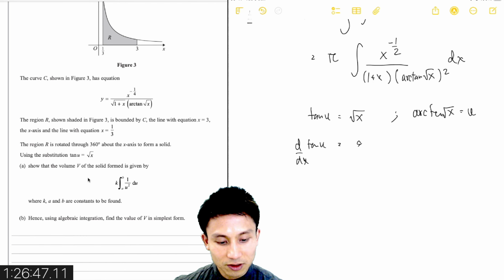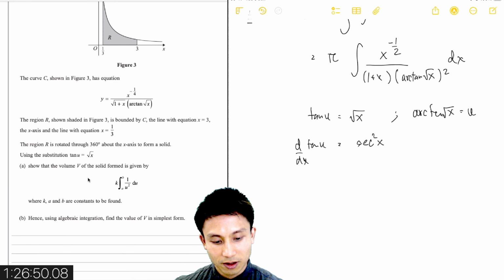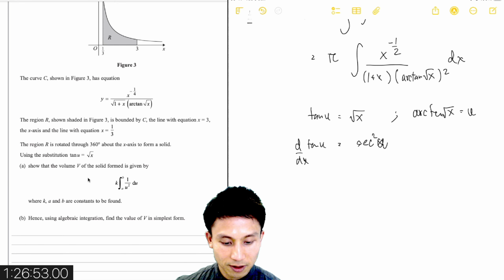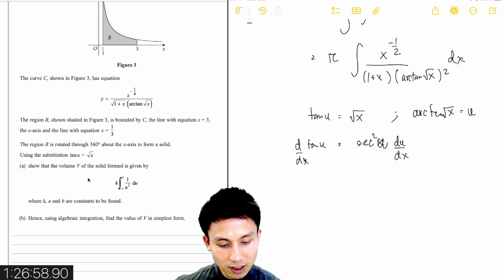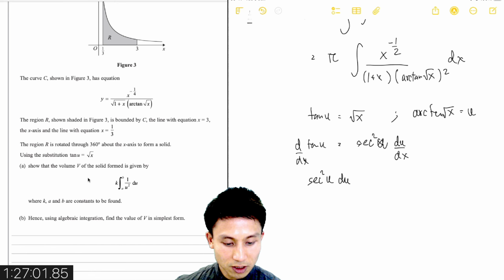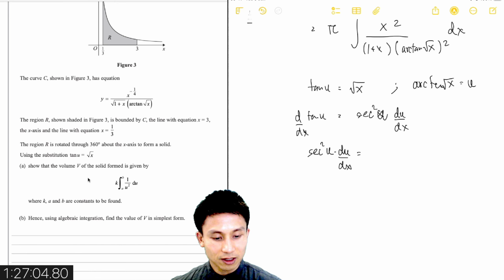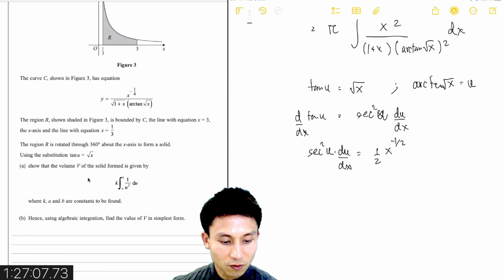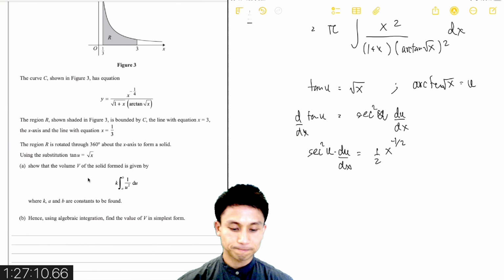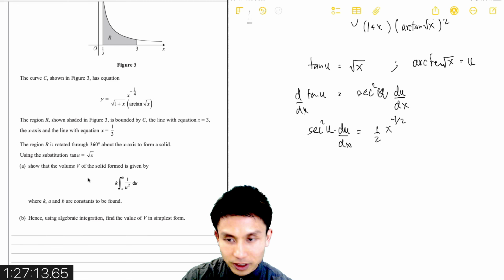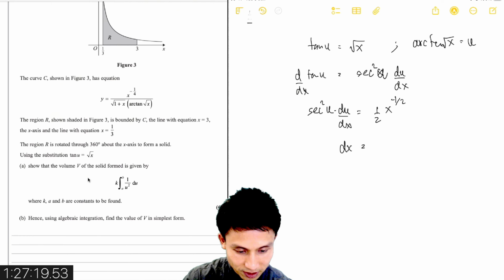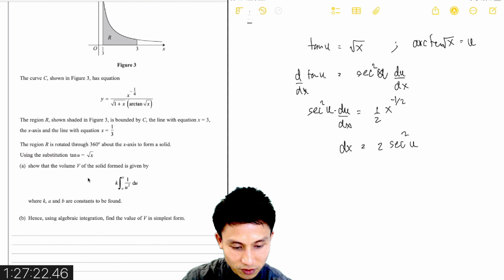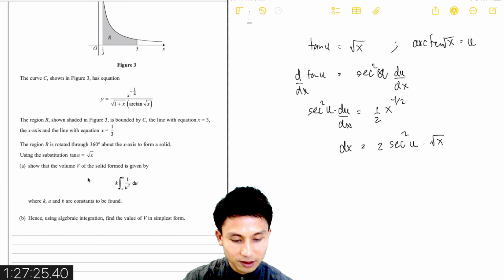Differentiate tan u, we get sec squared u du by dx, a chain rule, and differentiating the right side, you get 1/2 x to the power of minus 1/2. So if we want dx as the subject, I would get dx equals 2 sec squared u times root x du.